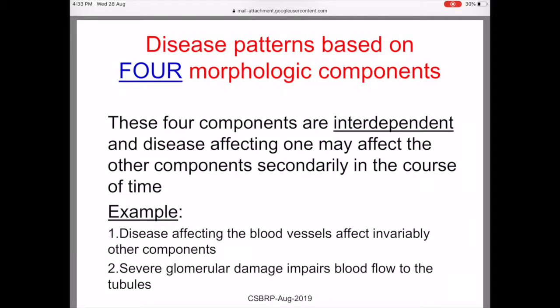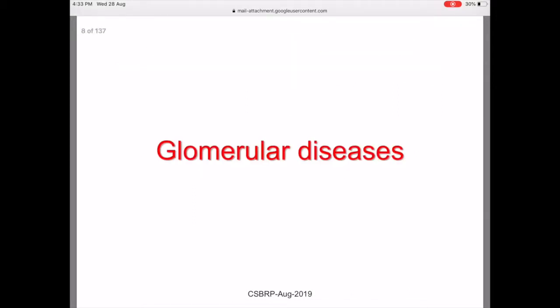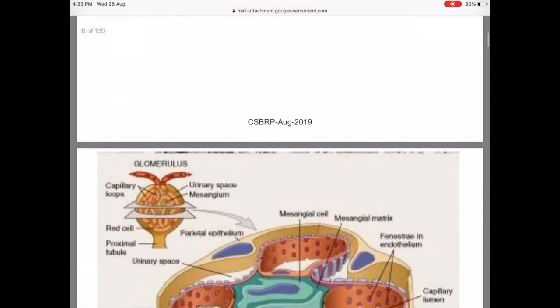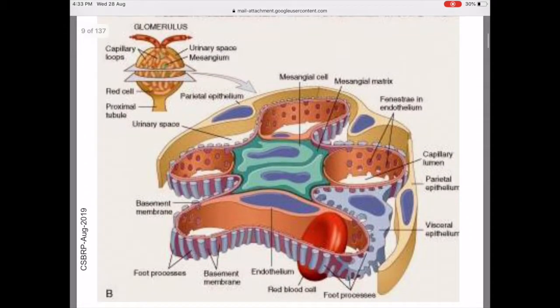Disease of the glomerulus may impair the blood flow to the tubules so that there may be ischemic damage to the tubular epithelium. In this class, we are going to deal with two important glomerular diseases, rapidly progressive glomerulonephritis and proliferative glomerulonephritis. To understand the glomerular diseases, histological knowledge of the glomerulus is very important.